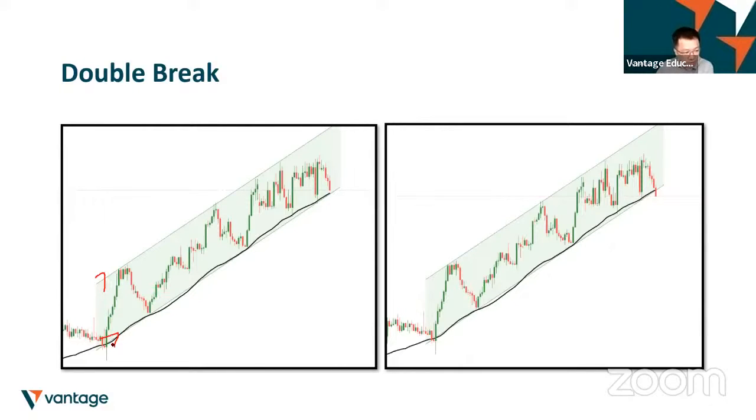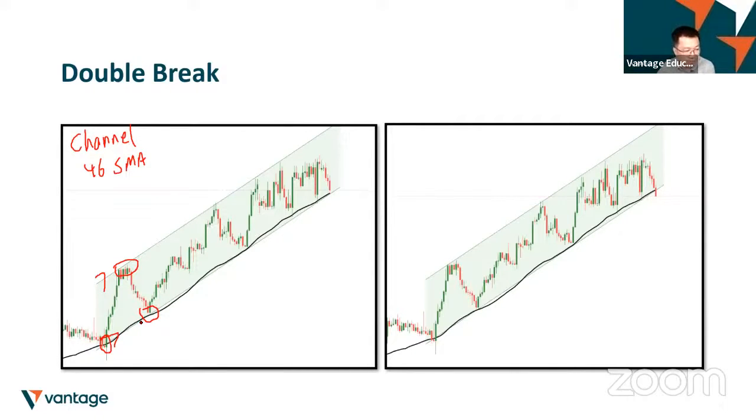It's been supported by the lower end of the channel, resisted by the upper end of the channel, and again supported by both the 46 SMA. So what we have here is a channel, pardon my scribble, and also the 46 SMA.